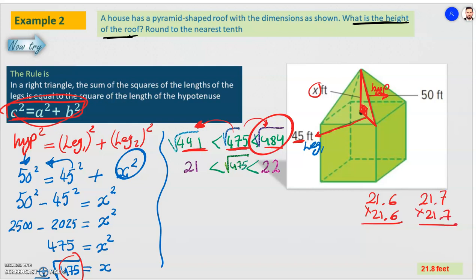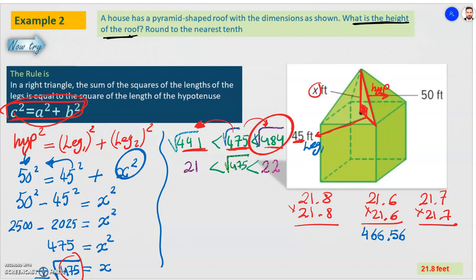If it is not close enough, you will multiply 21.8 by 21.8. After multiplication, let's compare. 21.6 multiplied by itself gives 466.56.